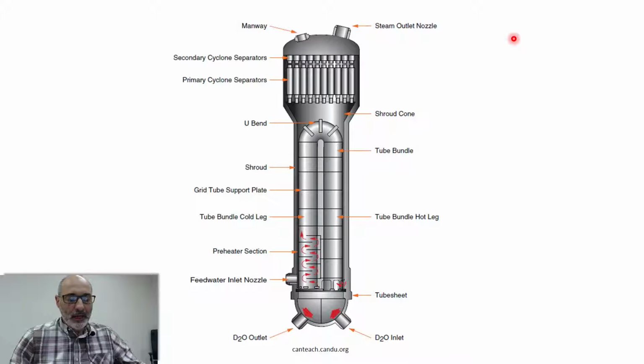Just to take a look inside of the boiler, you have heavy water coming inside here. You have a tube bundle here. This heavy water is circulating here, and the tube bundle is immersed in water from the secondary circuit.